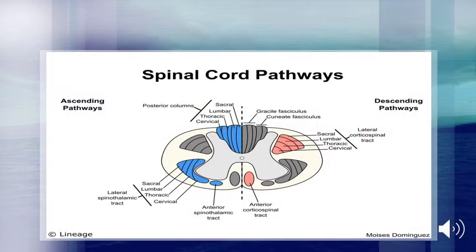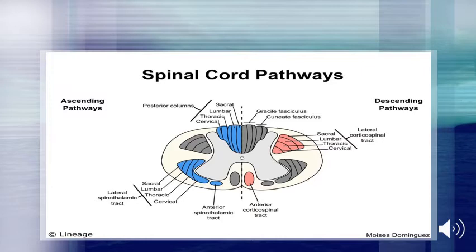This slide shows you the ascending and descending pathways of the spinal cord. The ascending pathway carries the sensory information from different parts of the body and goes up through the brain stem to the thalamus and then to the cerebral cortex.